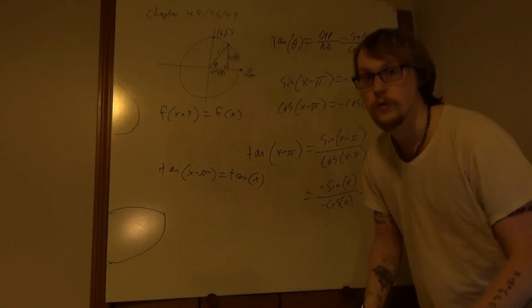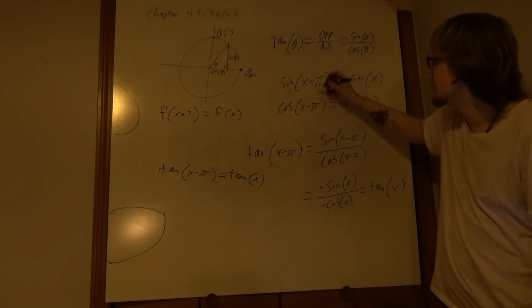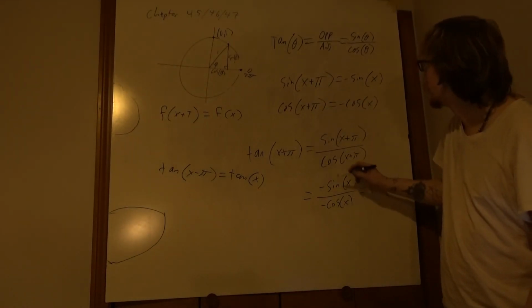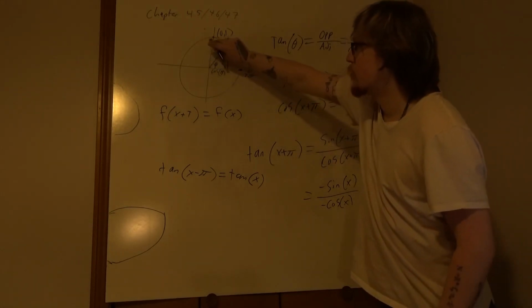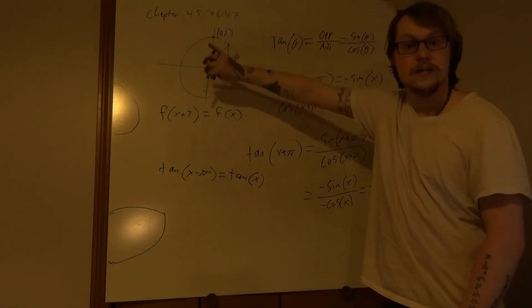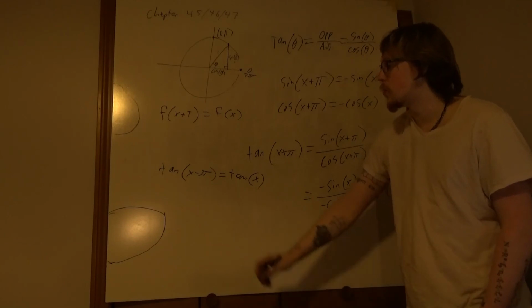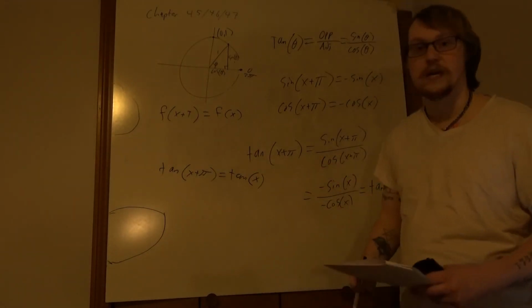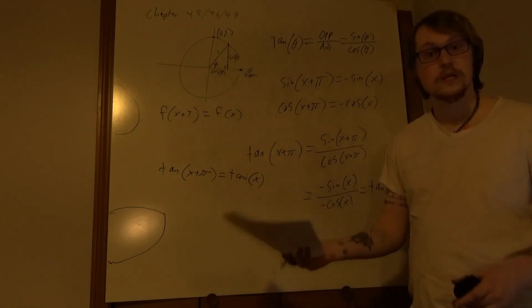Instead, we can notice that rather than subtracting pi from everything, we could have just added pi. That's also going to rotate us around the unit circle by exactly 180 degrees, so we can just fix that a little bit, and now we get that the period for tangent is pi. This is different.